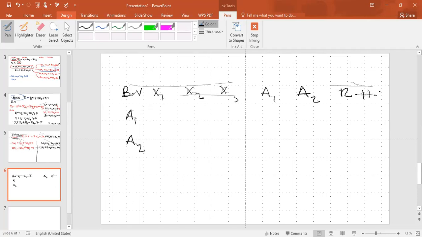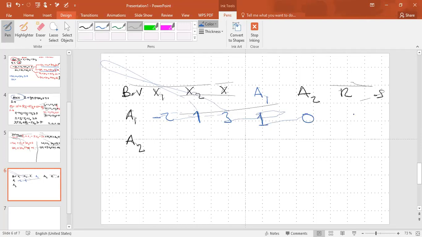So we start with the coefficients of the first inequality: minus 2, so here you put minus 2, then 1, then 1, then 3, then 3, then here 1, then A2 0, right hand side 2.